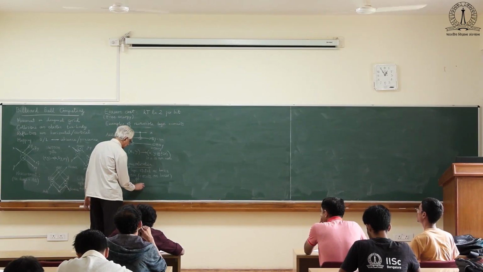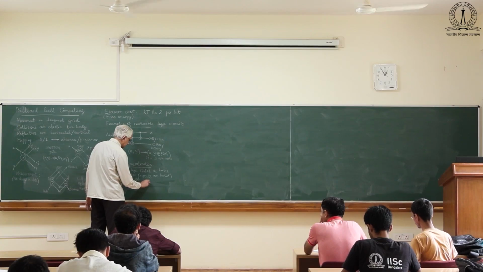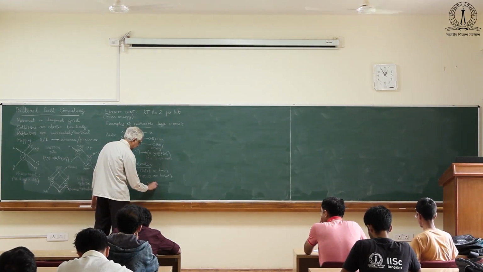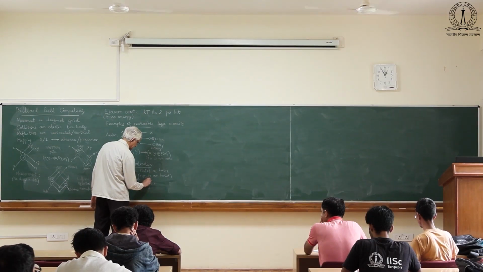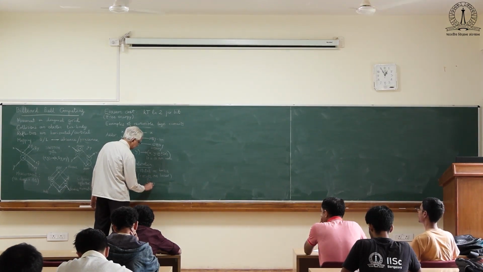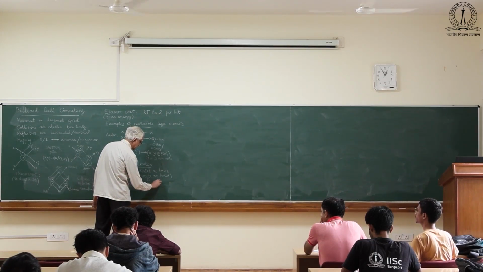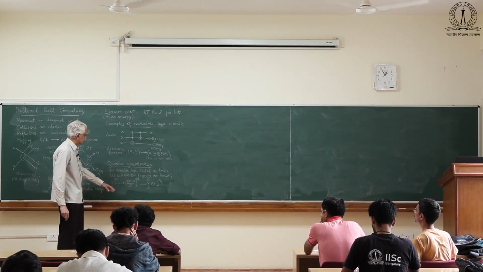And this is equivalent to writing the state with a normalization constant. That is this root 2 in the denominator.